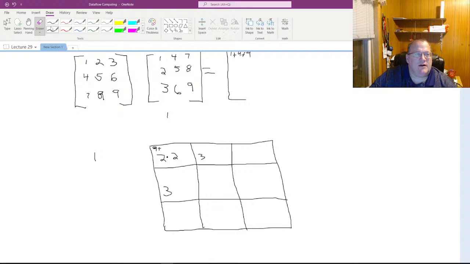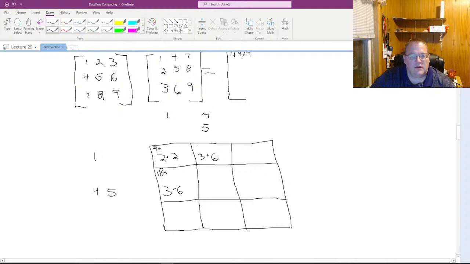Now, over here, this one is 4, 5, and then multiply by 6. And this one is 4, 5, and this one will be multiplied by 6. So I get an 18 here and an 18 here. Now the values don't really matter that much, but then the next thing I do is this 6 goes down here.